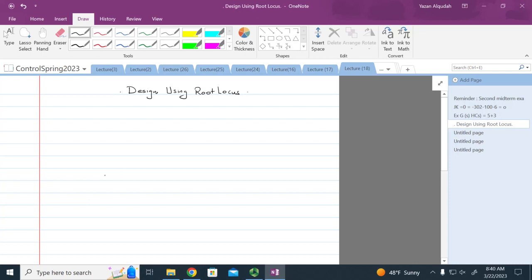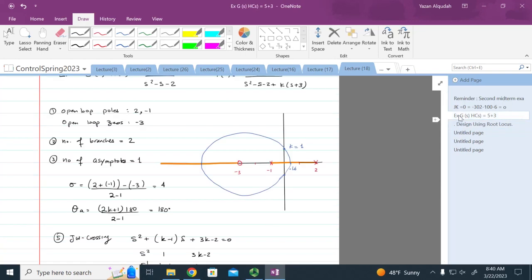As we've seen from the root locus, one way to control the response of the system is to adjust the gain of the system. As we've seen in this example, I have some control of how the system is going to behave based on the value of k.